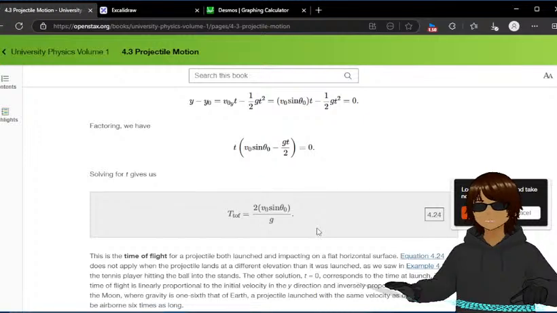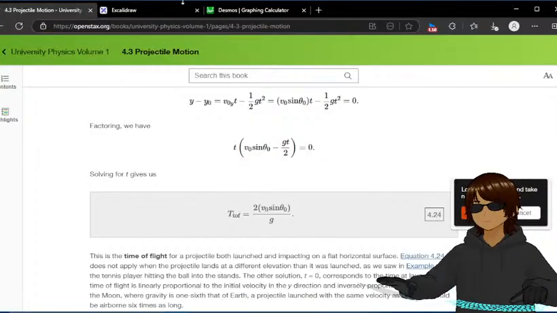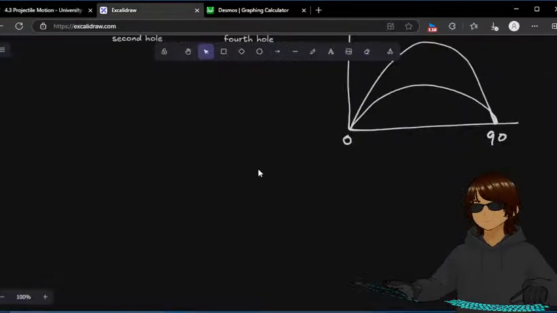I think we are supposed to use the time of flight. Or maybe not. We have the acceleration, we have the displacement, we have the angle.